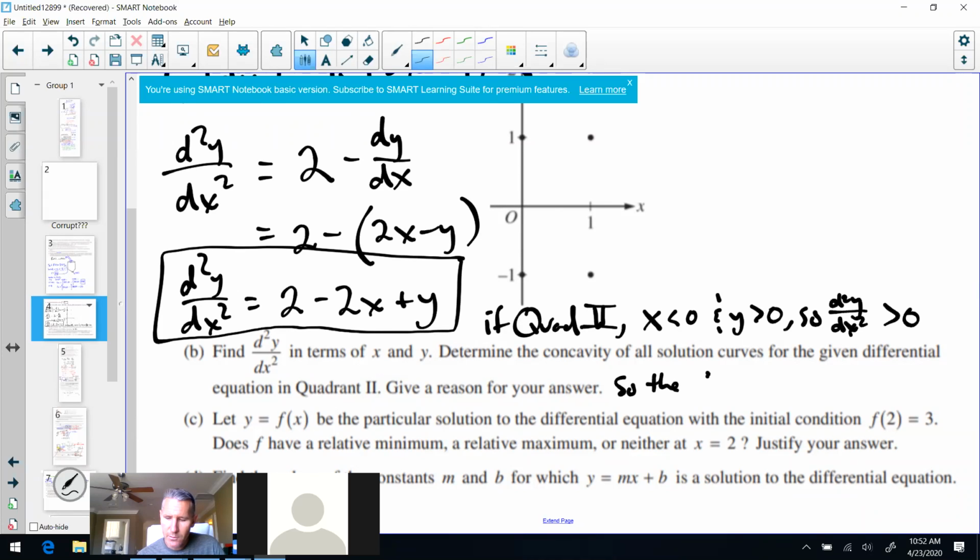the solution curves will all be concave up because of this reason right there, because this is the second derivative of y with respect to x, and x is negative and y is positive.